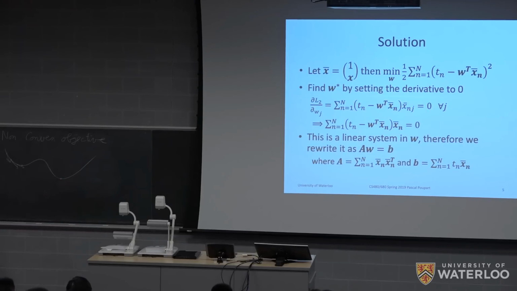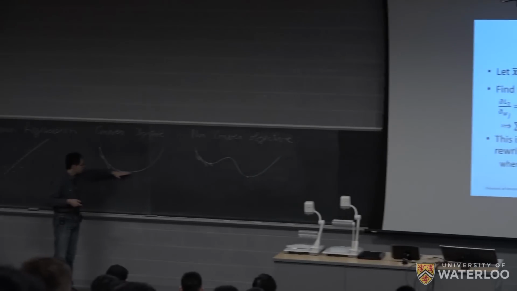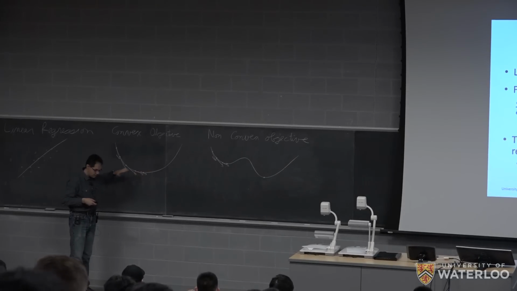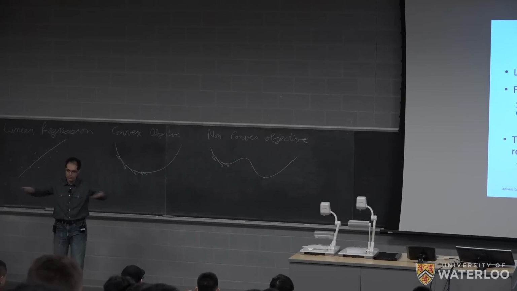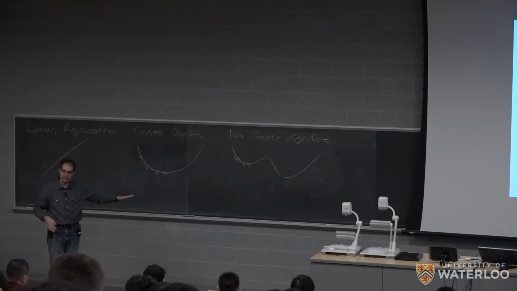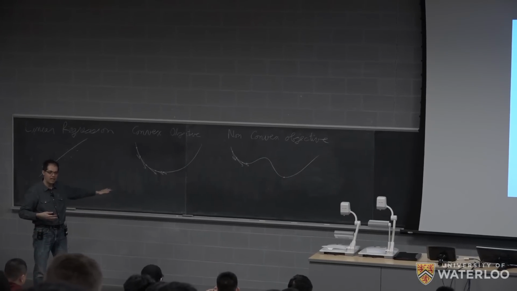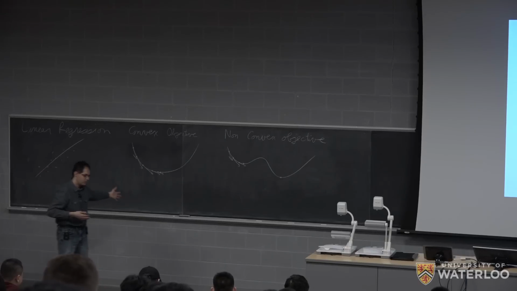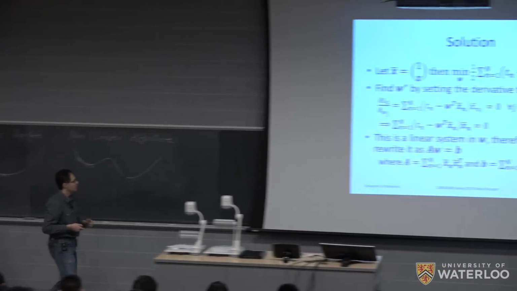This should be intuitive, because if I look again at my drawings, at the minimum the curve is essentially flat, so I've got no slope, so the gradient is 0, and that's the only point that has that, the global minimum. So that's what I'm looking for.